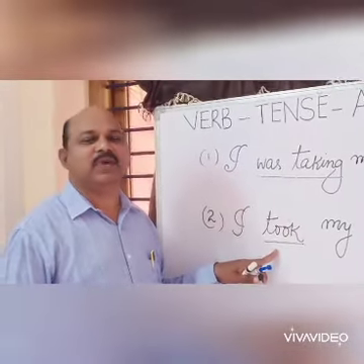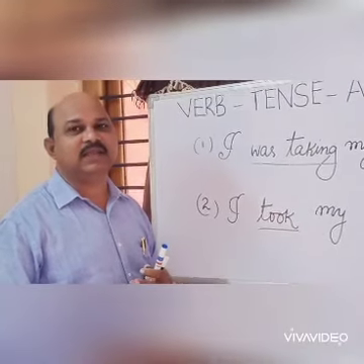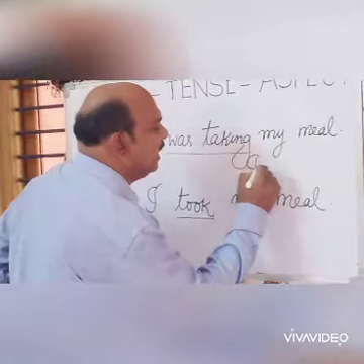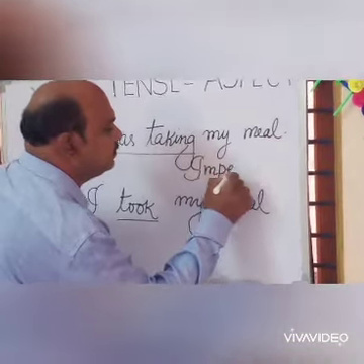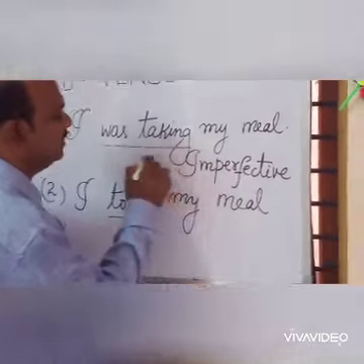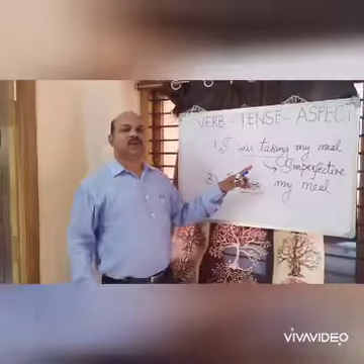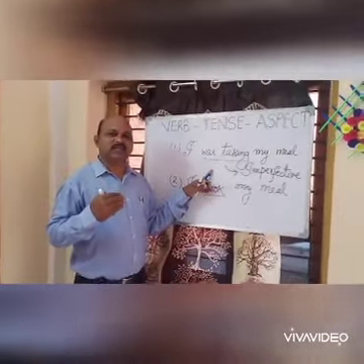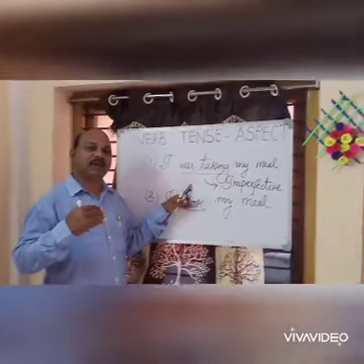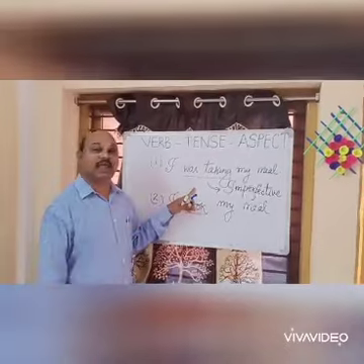So a verb, if it indicates a continuing process, it is said to be imperfective aspect. So when the verb says that something is continuing or something is completed, that is called aspect.